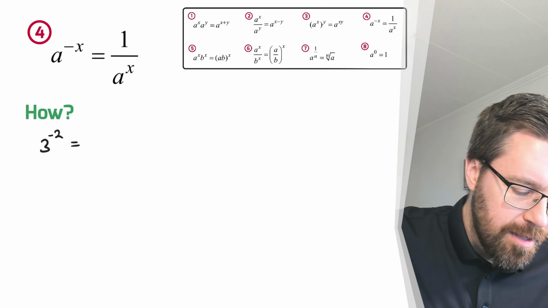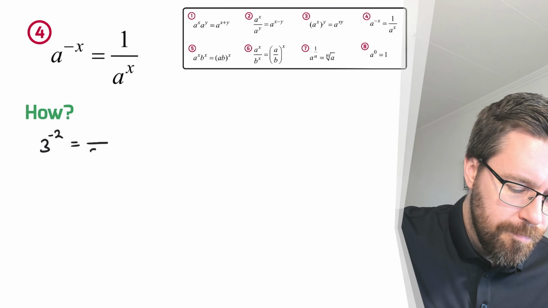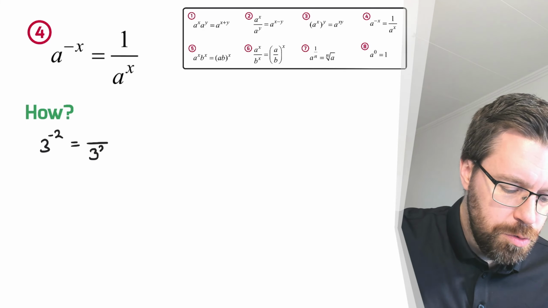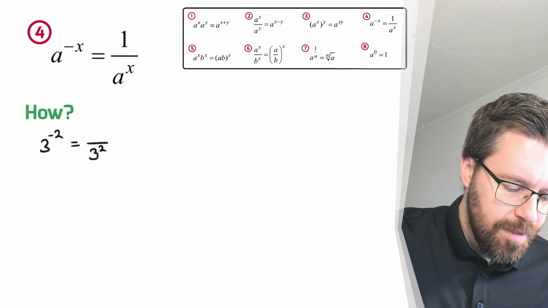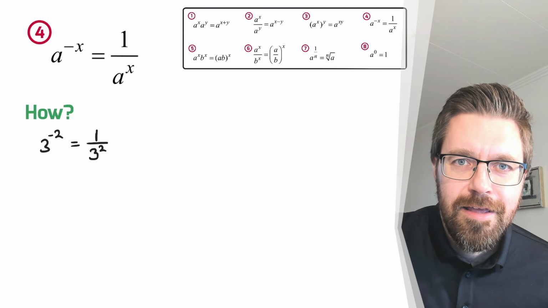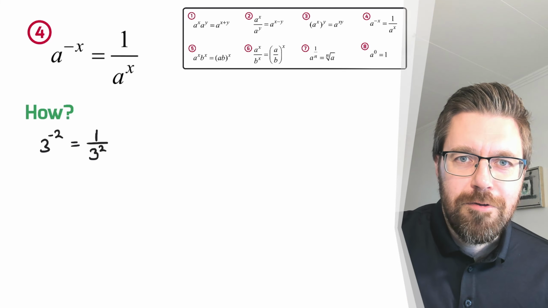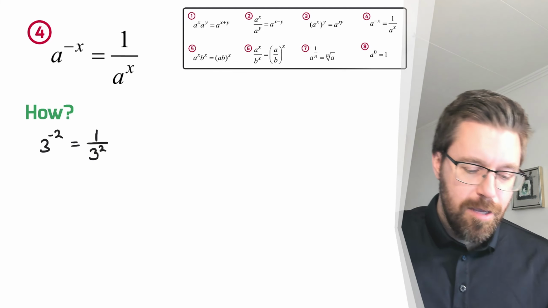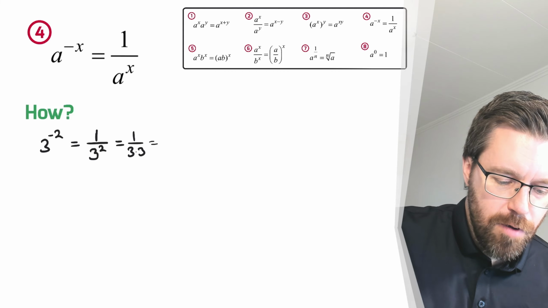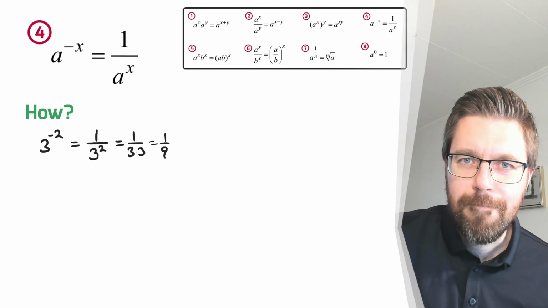So you can write it like this. You put the whole power here, but you change the sign from minus 2 to 2. And then the number 1 will be visible in the numerator. So it equals 1 divided by 3 times 3 equals 1 divided by 9.